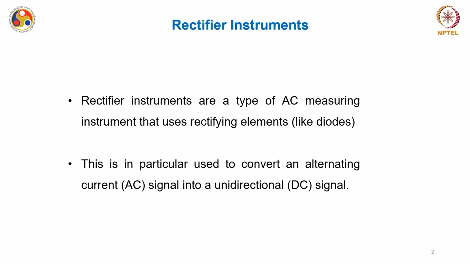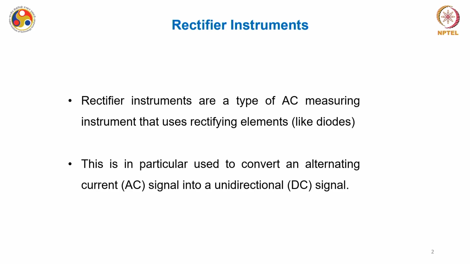The rectifier instruments are a type of AC measuring instrument that uses a rectifying element. In particular, it is used to convert an alternating current signal into a unidirectional signal. So you are not directly measuring the AC signal, but doing the measurement in an indirect way.